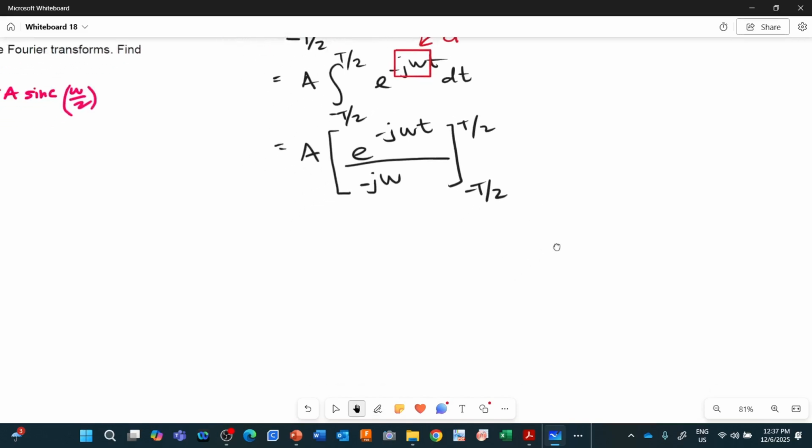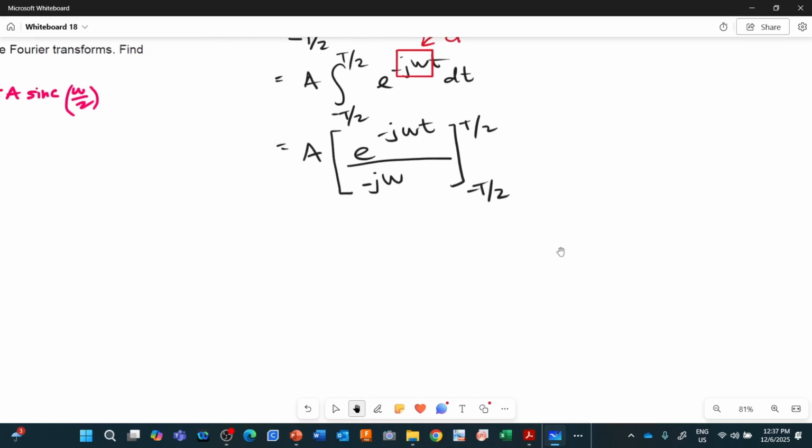What do you do next? You substitute the t values, this t value with this tau over 2 value. If it's confusing, take the constant to the left first.